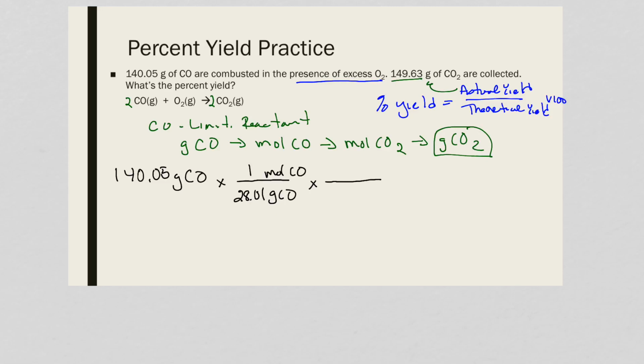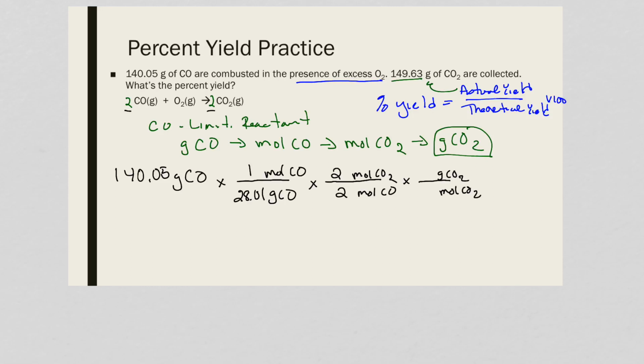So now we're going to go into moles of CO2 from our moles of CO. So we're going to use our relationship. And if we look back, we see that for every 2 moles of CO, we can make 2 moles of CO2. So we get 2 and 2. And then we're going to get grams of CO2 from moles of CO2.